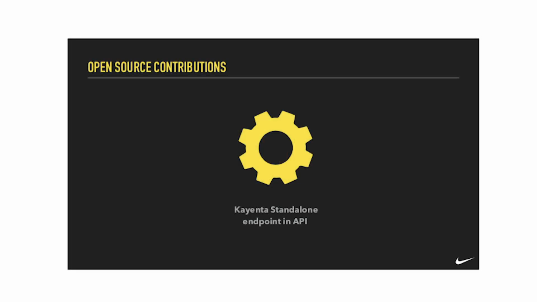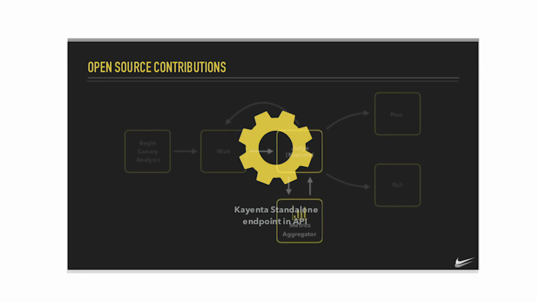And then we did our initial Canary research with Spinnaker, and we liked the user experience that the automated Canary analysis stage offered. That stage is a user experience that is spread across multiple microservices. So we created a new endpoint in Kayenta that consolidates that user experience into a single API endpoint that users can call.